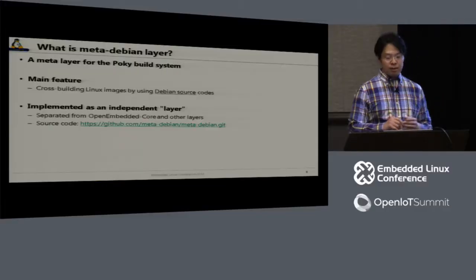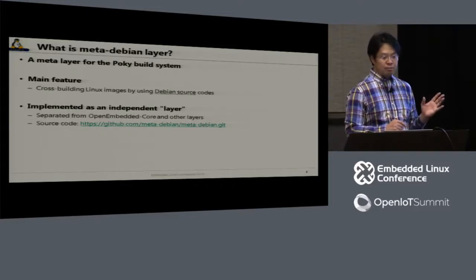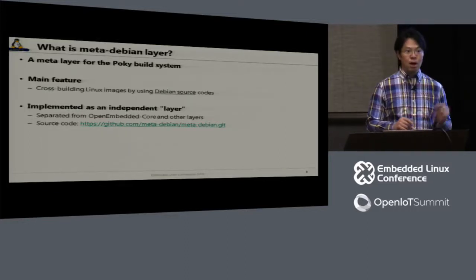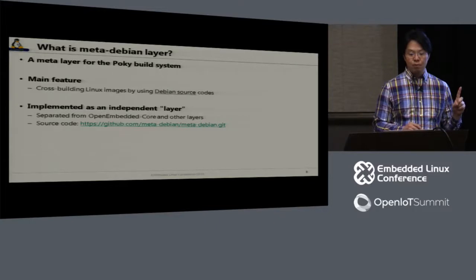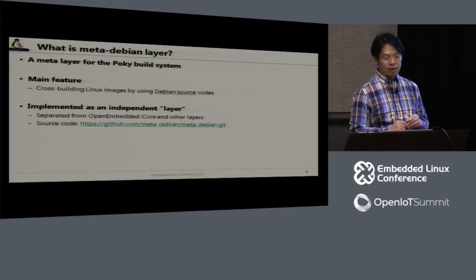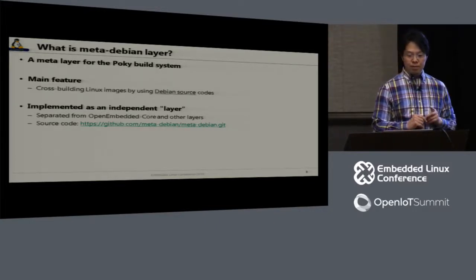What we are currently doing is creating a meta layer which uses Debian source code. This is called the meta-debian layer. This slide shows what meta-debian does, and it is just one layer for the Poky build system.